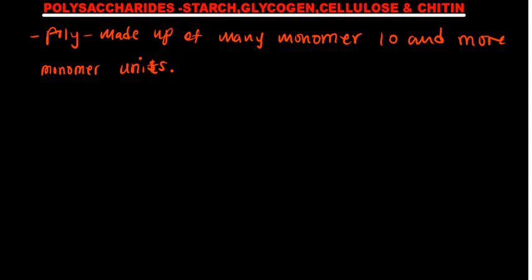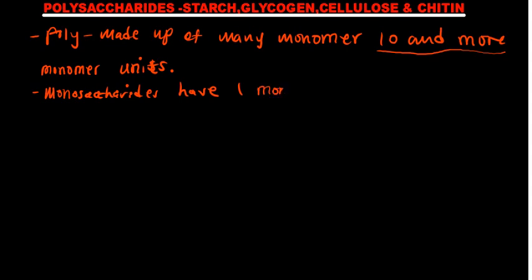So here you have to be specific. Here they have to be 10 or more, because if they are less than 10, that means you are going to have something else, and we need to know that. Monosaccharides have one monomer unit.